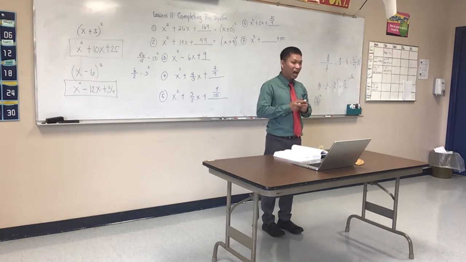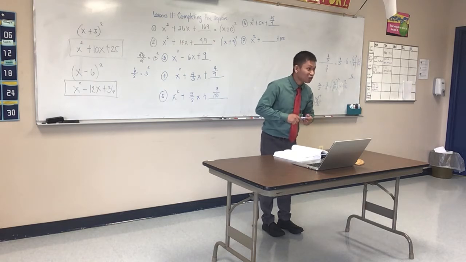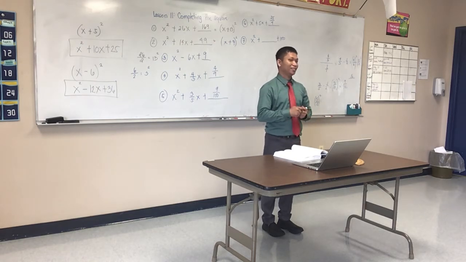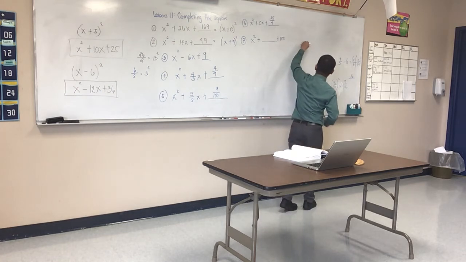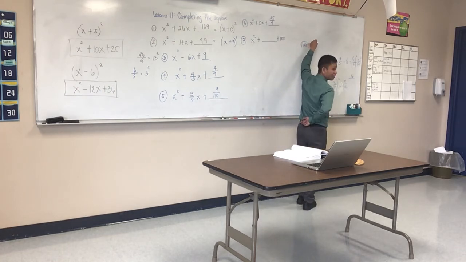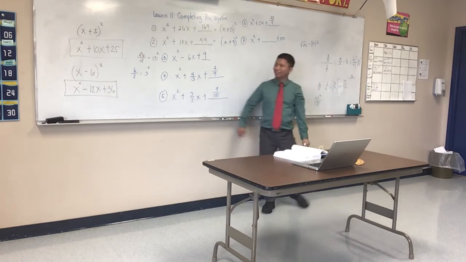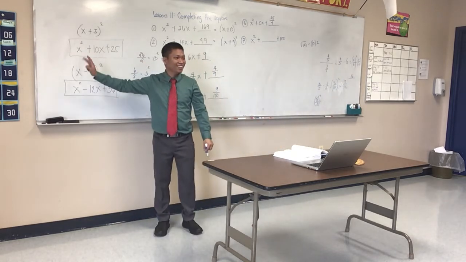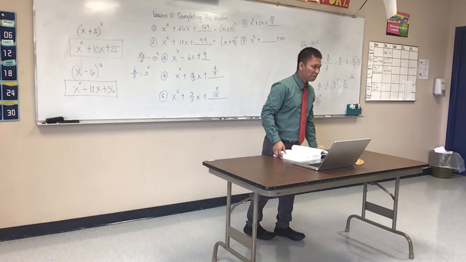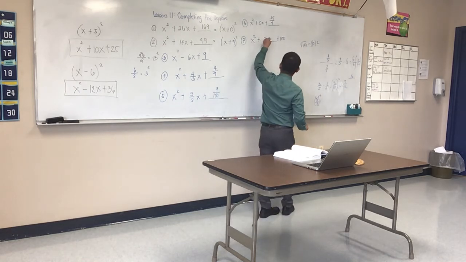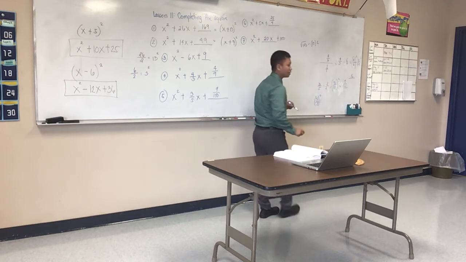The square root of 100 is 10. You just multiplied by 2. So it'd be 20. We're not going to divide this time. This will be 20x.